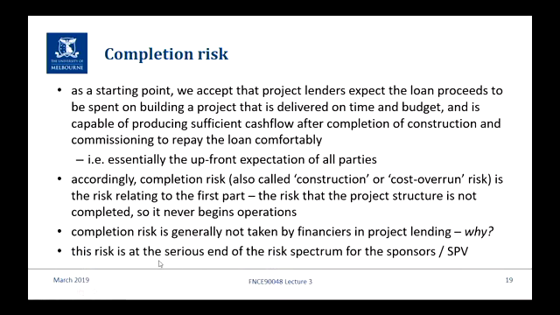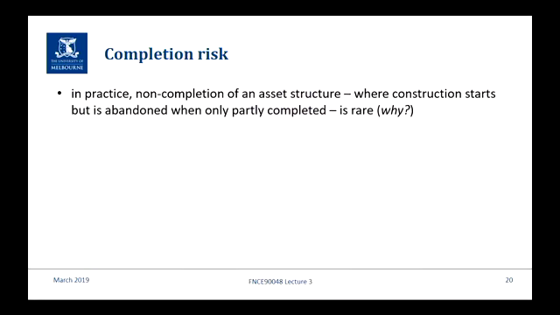So clearly, completion risk is at a serious end for the sponsors of the SPV. What we find, though, is that the extreme of completion risk, where the construction starts but it's abandoned without completing, is really quite unusual. Non-completion of the asset structure: usually they don't spend 800 million of $1 billion and then say we can't actually get it done, we'll walk away.